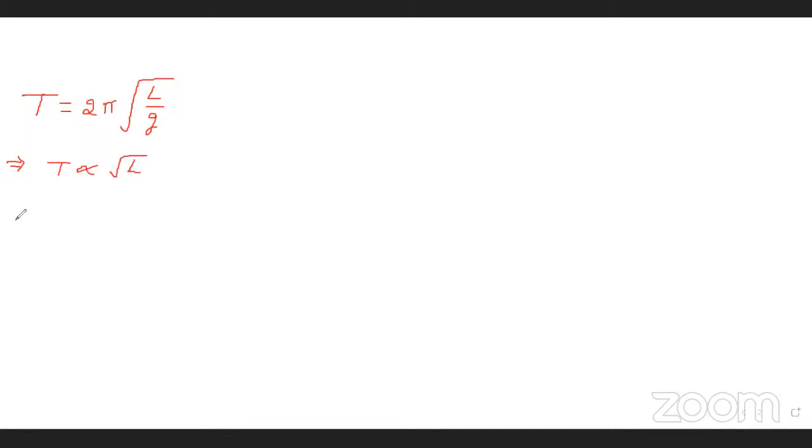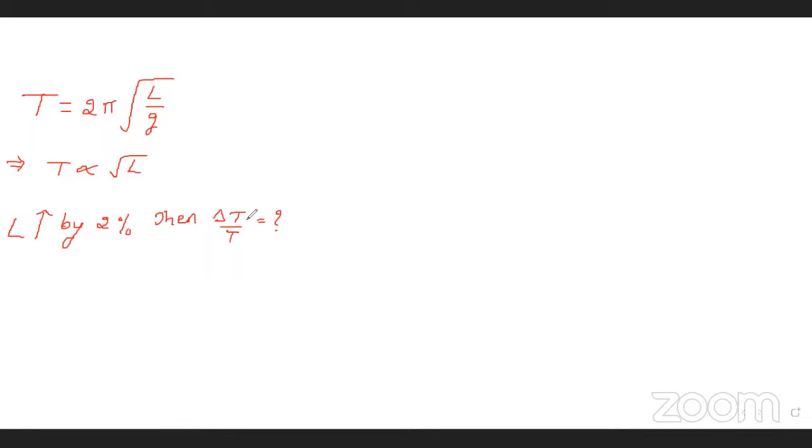Now, if I say the length is increased by 2%, then what is the percentage increase in the time period? This is the kind of question they usually ask.